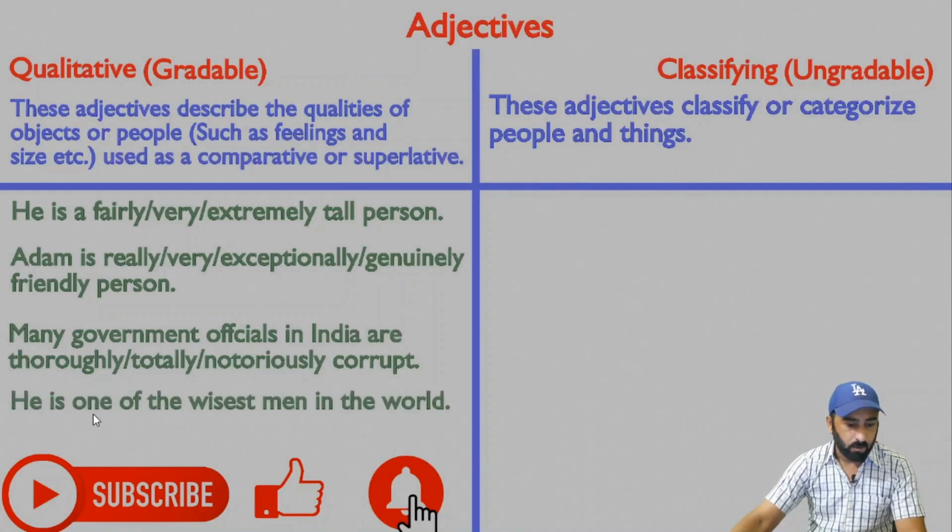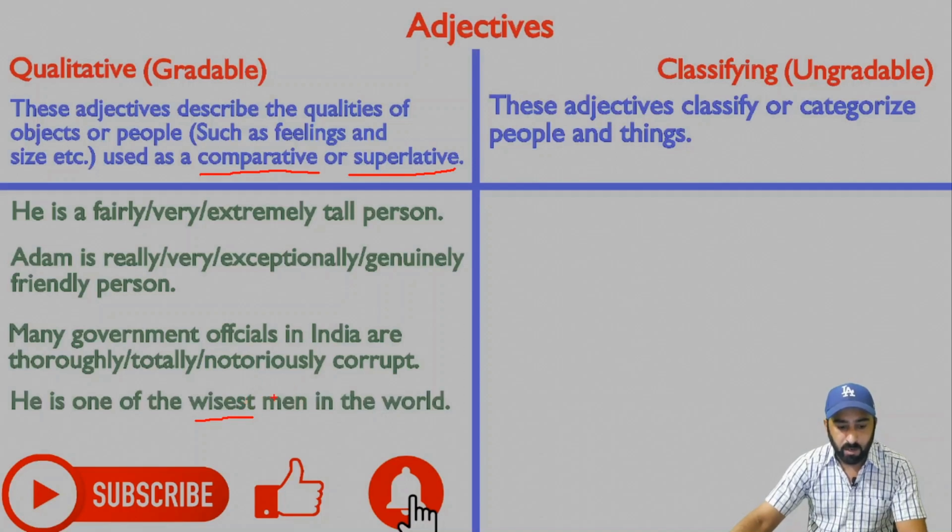Okay, now look at the first example. This is quite simple. He's one of the wisest men in the world. Okay, wisest, you know, is the superlative form of wise. I already told you wise is the base form, wiser is the comparative, and wisest is the superlative form. As we have already read in the previous statement, a qualitative adjective can be used in comparative or superlative forms, and this is a superlative form.